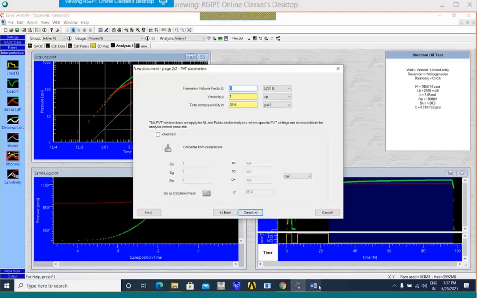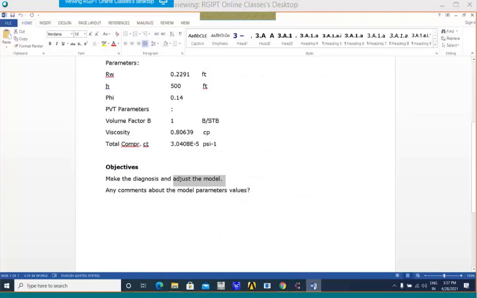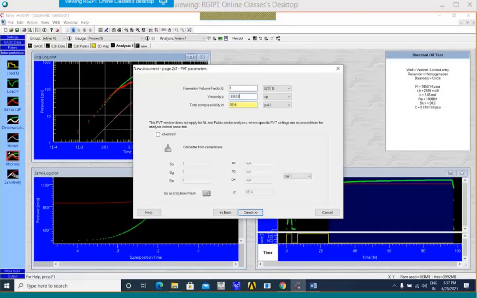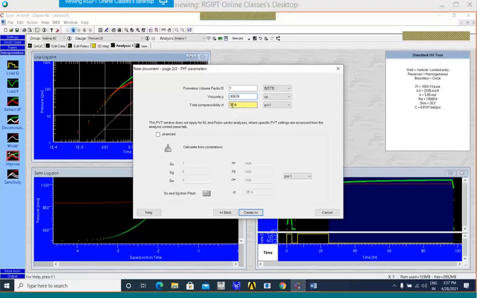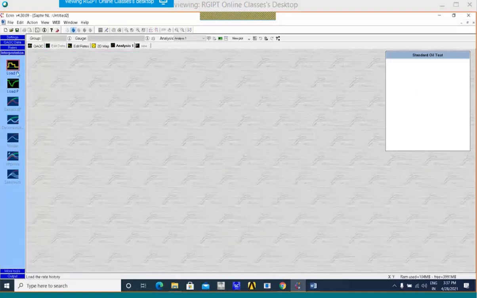It was 0.806. 0.806. 39. 3.040. 0.08 raised to the power minus 5. Okay.